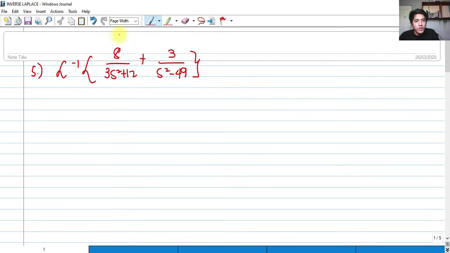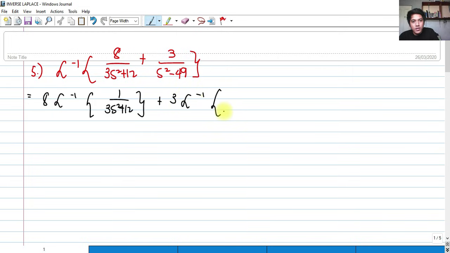Again, applying the simple properties of Laplace, we simply have 8 inverse Laplace of 1 over 3s squared plus 12, plus 3 inverse Laplace of 1 over s squared minus 49.